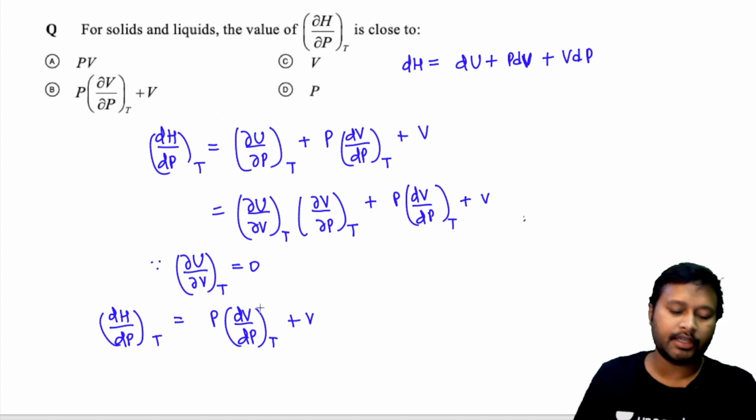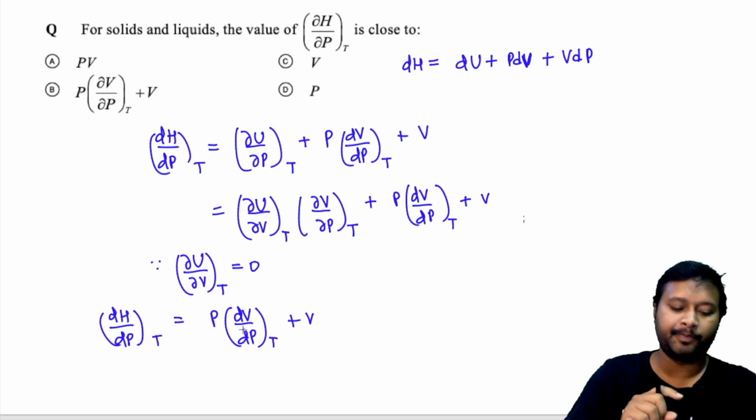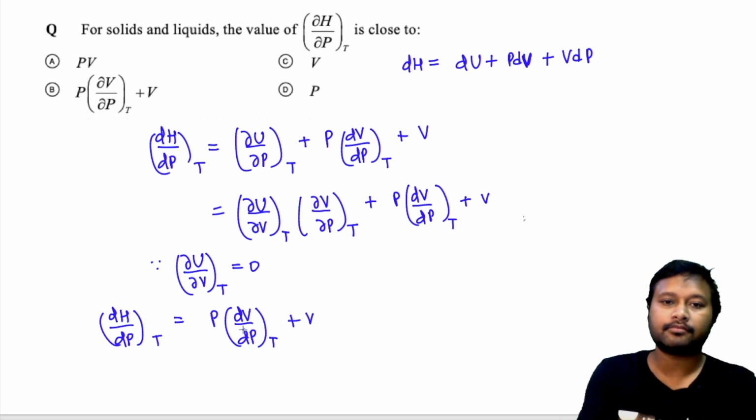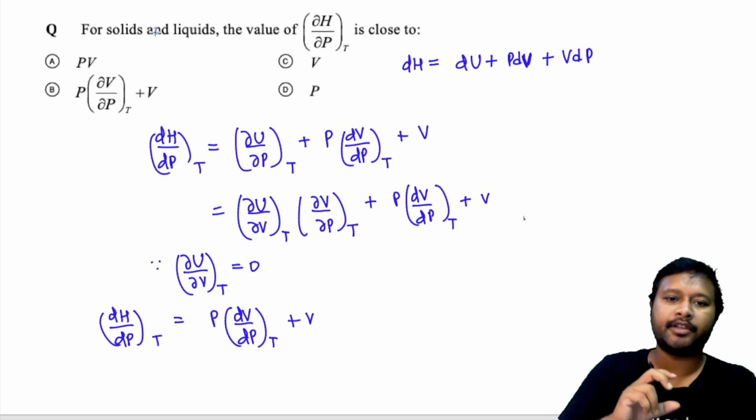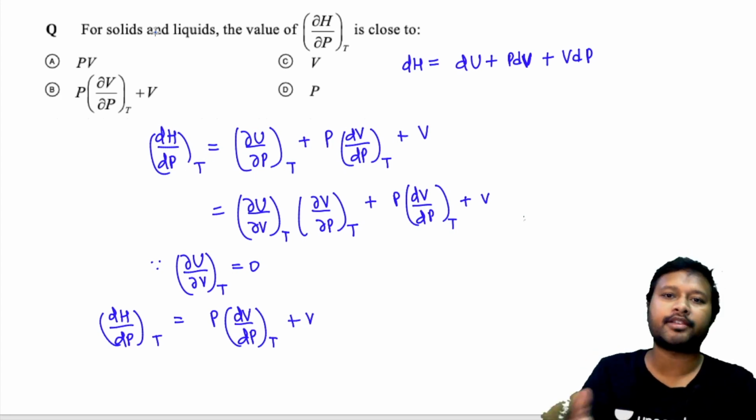Now here if you see, dV by dP is basically telling you the variation in volume with respect to pressure. So if you apply a pressure, how the volume is going to change. Now in the solid and liquid both, it is negligible, right? That means if you vary the pressure, the volume does not change that much.